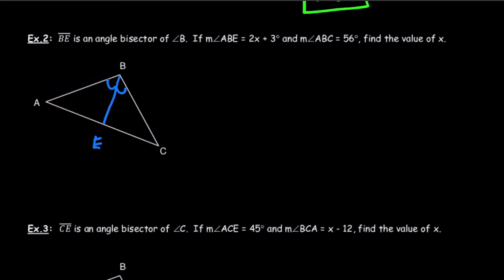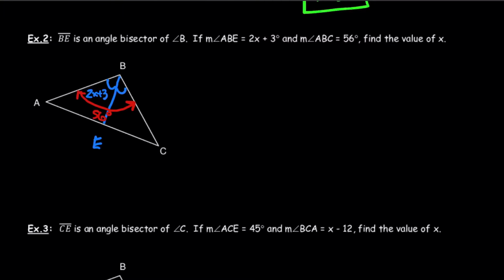That's going to be 2x plus 3. And the measure of angle ABC. So if you check that out, ABC is the big angle. So I'm going to represent it with an arc like this. I'll use a different color maybe. So this whole thing, from that side to that side, is 56 degrees.